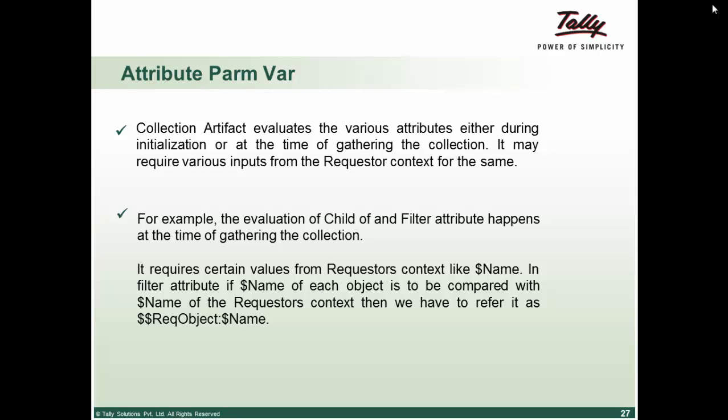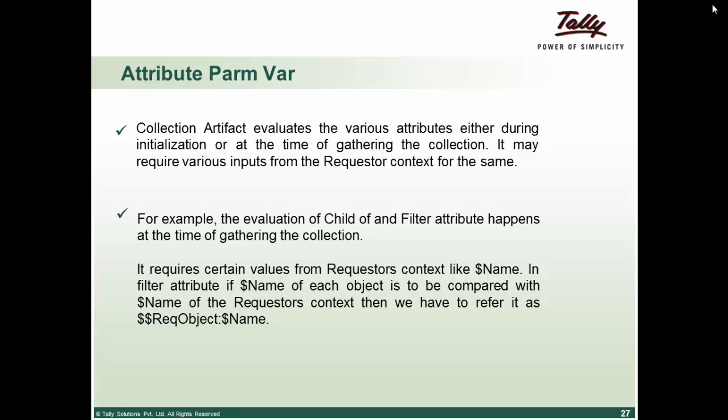Again in the object and collection chapter we have discussed various functions which do this job, like $$as rec obj, as request obj. So based on the need of the collection, the gathering can be based on the requester context.